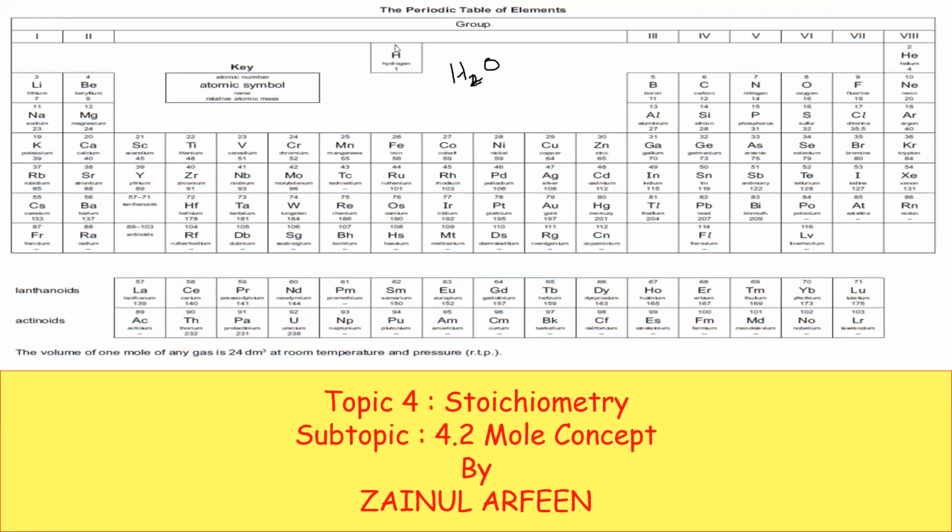What is the mass of hydrogen? As you can see, the masses are written at the bottom. So mass of hydrogen is 1. And how many hydrogen are there? 2. Plus, what is the mass of oxygen? 16. So 1 multiplied by 2, that's 2, plus 16. So the molar mass of the water will be 18.